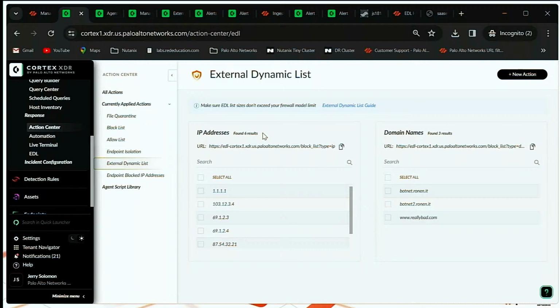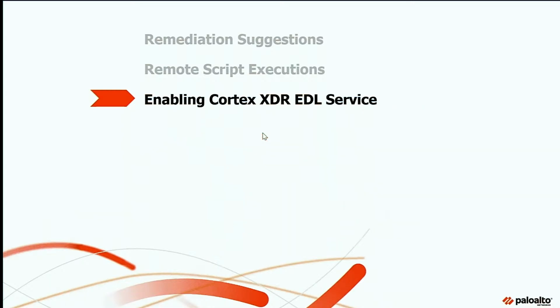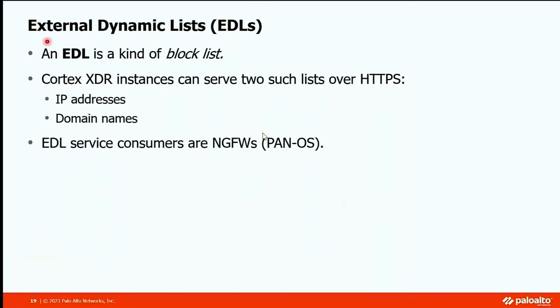Okay. So briefly, you know how I do things. I'll give you a demo, then I can do some slides briefly. You can always ask questions if you want me to slow down. An EDL, external dynamic list, is a kind of block list, but it does nothing unless you configure your firewalls to retrieve it.